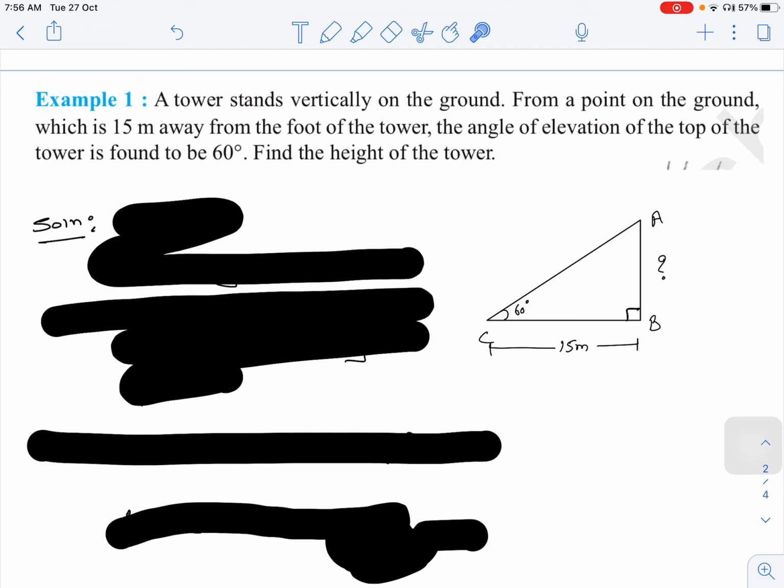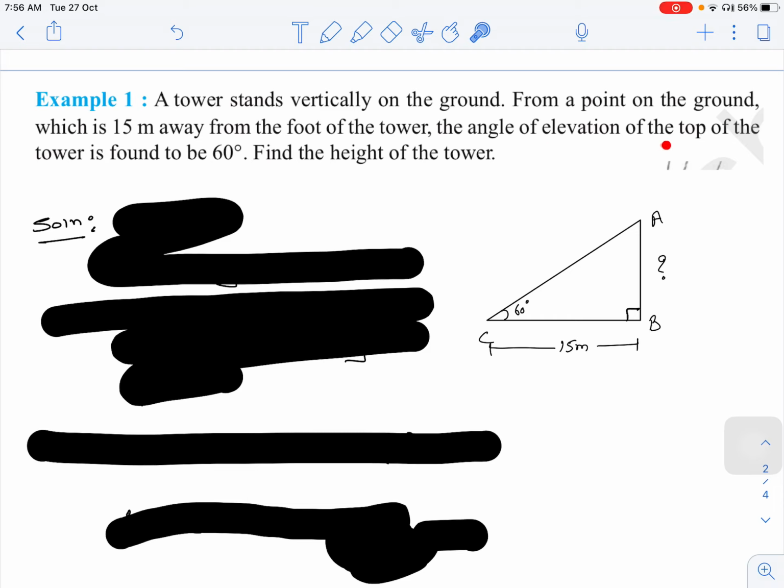Now, from a point on the ground which is 15 meters away from the foot of the tower, let this point C be the point which is 15 meters away from the foot of the tower.